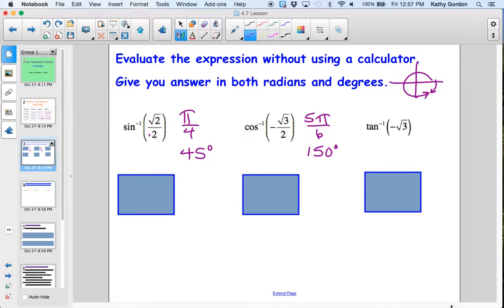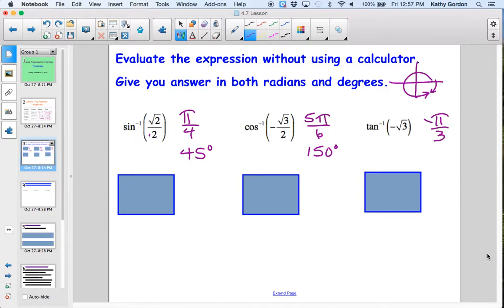How do I get negative square root of 3? I just do the negative reference, right? Because the way the allowed range is set up is that it allows me to go negative pi over 2, which means I had to go clockwise to get there, up to a positive pi over 2.